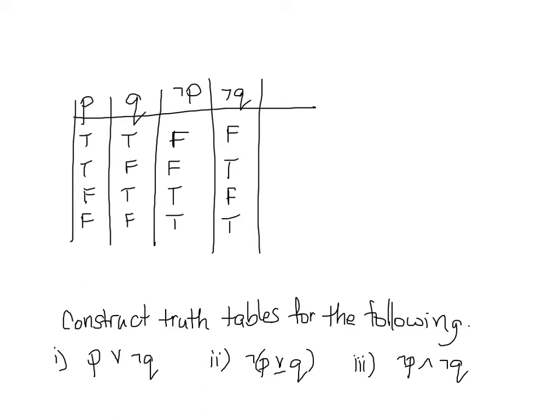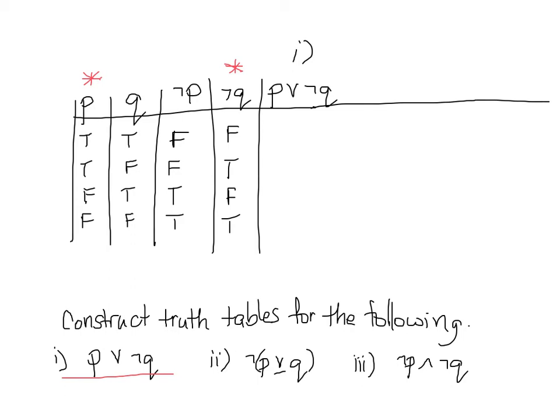Now the first question asks us to construct P or not Q. So we're going to do that in this column, and that is where we're going to put the answer for 1. In order to do this, we have to focus on two columns: the P column and the not Q column. And then we have to use the rule that we came up with in the first part of our video.